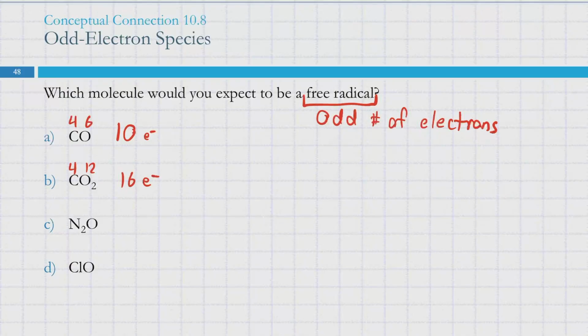N2O, nitrogen has 5 each, but we've got 2 of them. This one also has 16. And then for the last one, chlorine has 7, and oxygen has 6. So that would be 13 electrons. So that is the one we would expect to be a free radical, because it has an odd number of electrons.